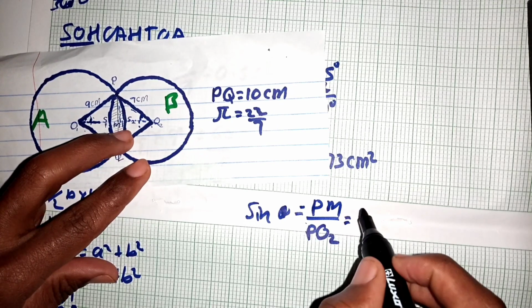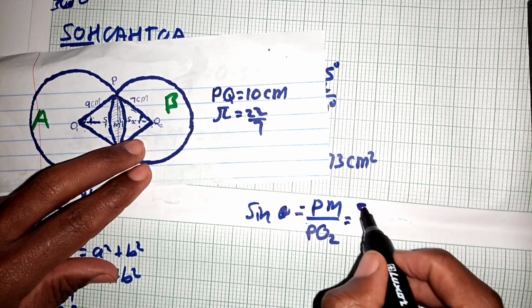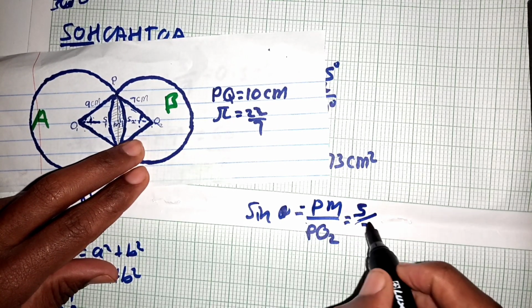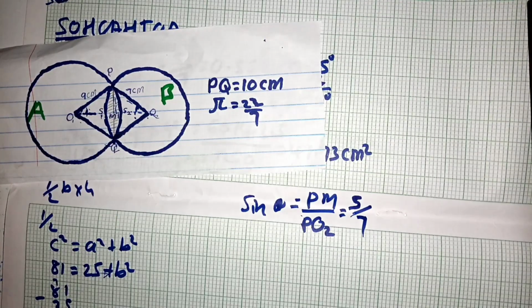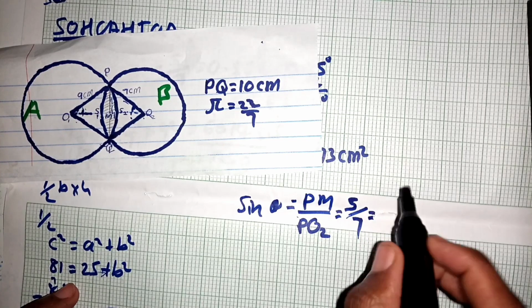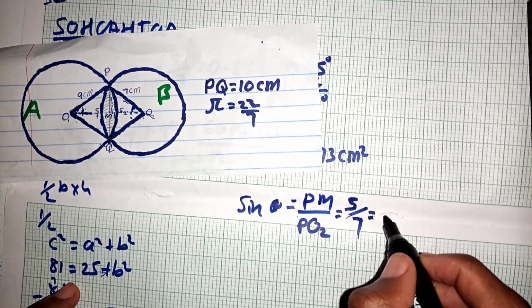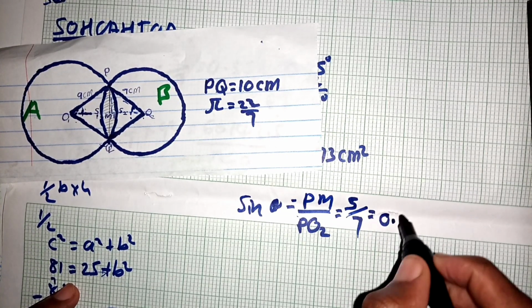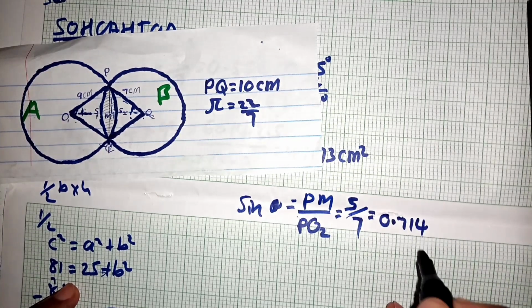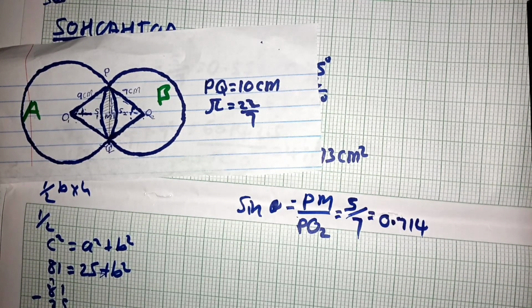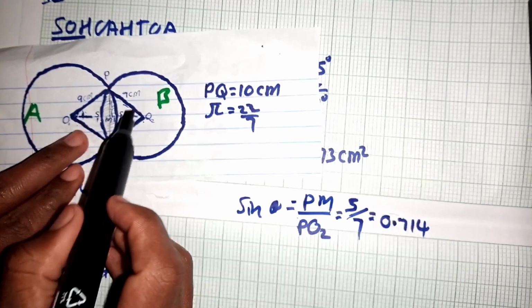This is the same as 5 over 7. What do you get when you divide 5 by 7? It is equals to 0.714, like that. So what is the sine inverse of that answer, so that we have this triangle here?